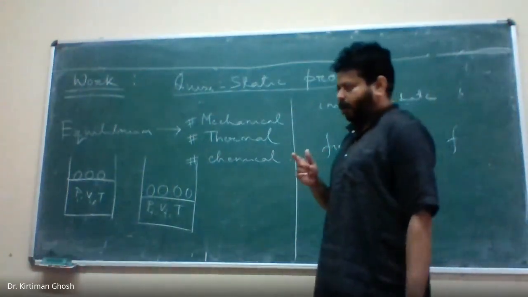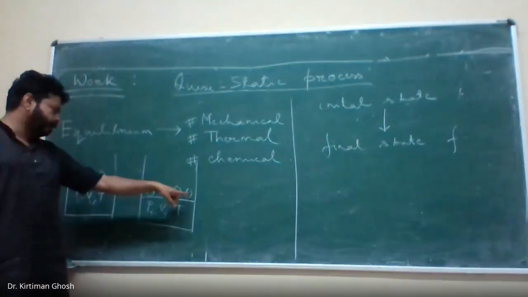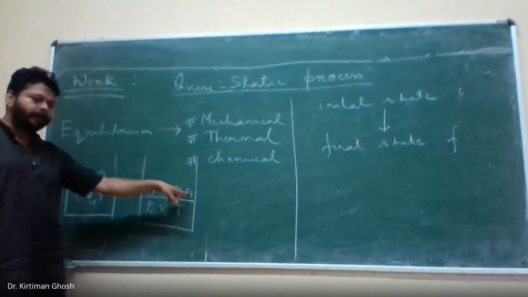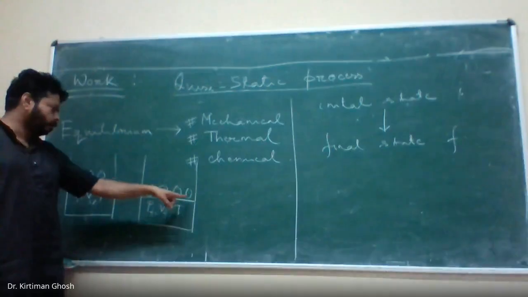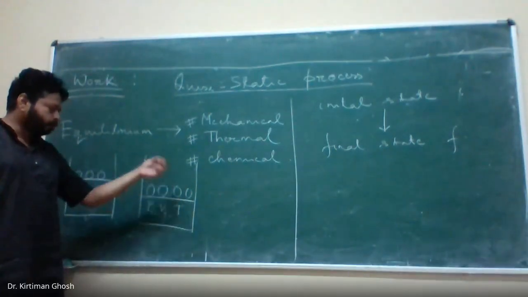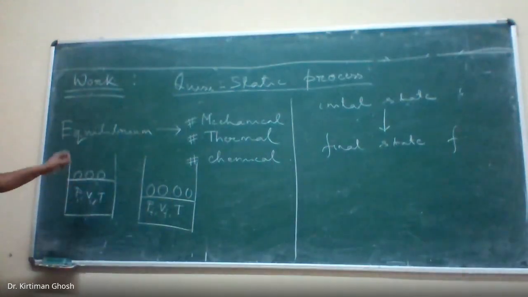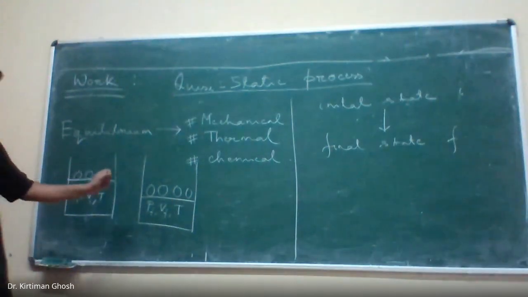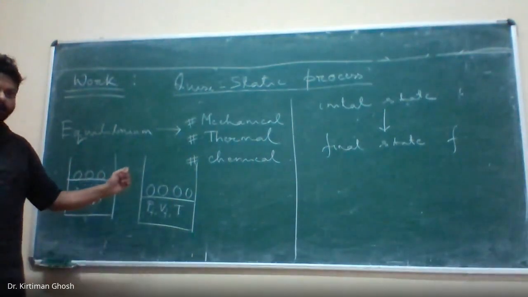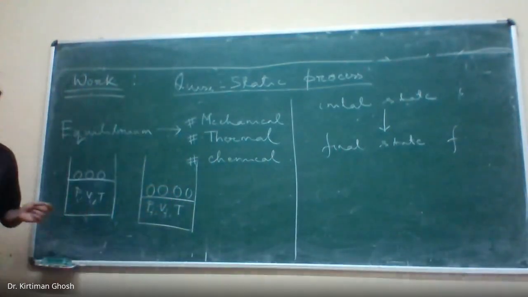So the point is that I cannot put a big block of mass here suddenly. What I can do is put the masses on this piston slowly, a small amount of mass at a time, so that the system goes to an equilibrium state, but it is very close to the previous equilibrium state.